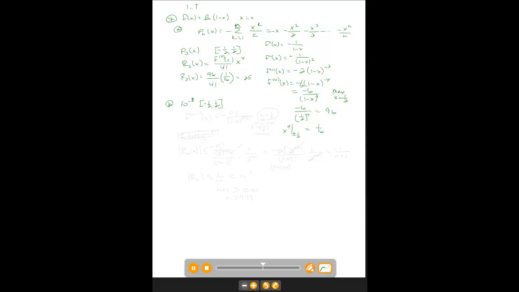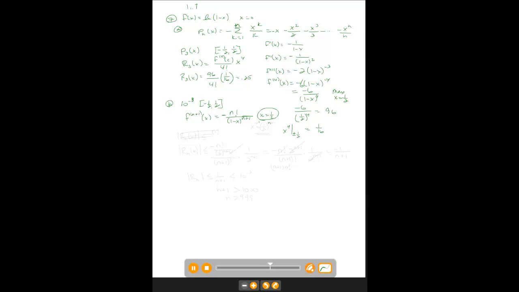So we know that the derivative, maybe you didn't notice this, but if you keep looking at your derivatives there, the derivative is always negative n factorial on top over 1 minus x to the n plus 1 on the bottom. And that maximum error is always going to happen at x equals 1/2. And then the maximum magnitude is going to be either at the 1/2 or the negative 1/2.